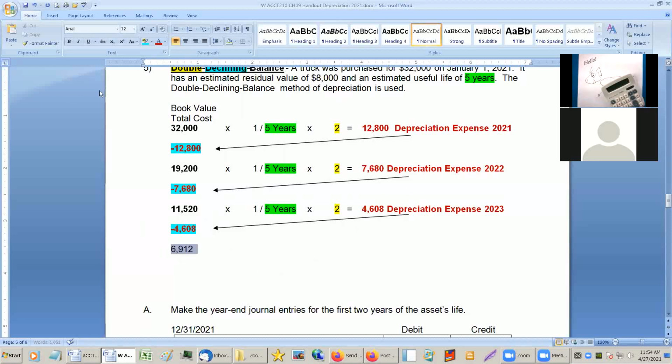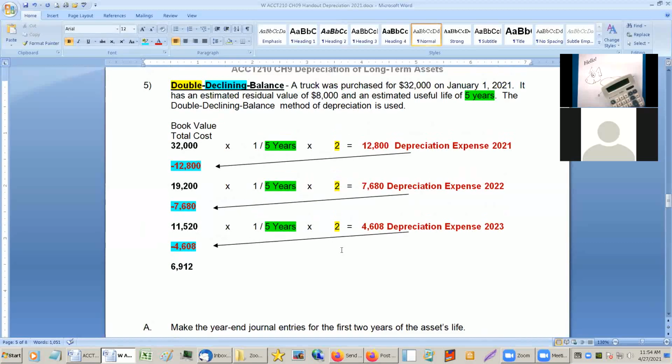Okay, we have to stop right here. There is a problem. The problem's with that number. What is the problem with this number? This is the book value.